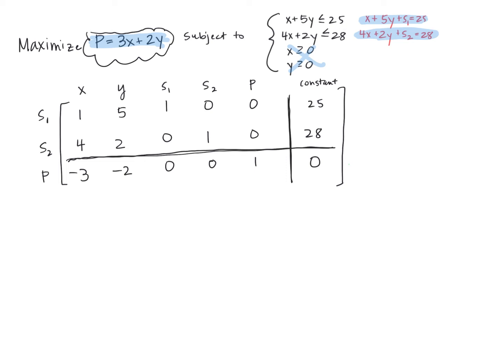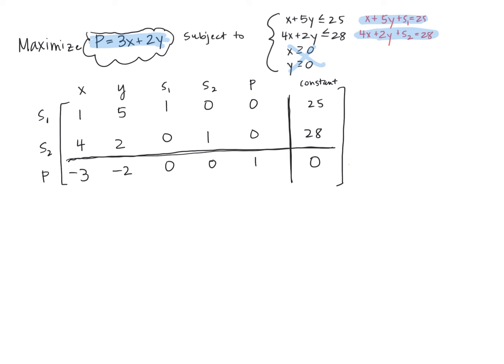Okay, so let's go through the steps that we'll need to use to solve this problem using the simplex method. The first thing you want to do is select a pivot column. You're going to do that by looking at the bottom row and figuring out the smallest number that you see.